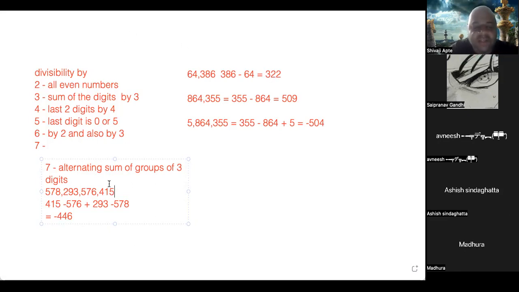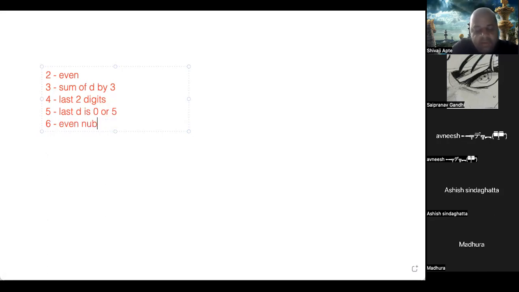So you know now the rules. Let me erase everything. For 2, you know; for 3, sum of digits divisible by 3; for 4, last 2 digits; for 5, last digit is 0 or 5; for 6, even number and sum of digits divisible by 3; for 7, sum of alternating 3-digit groups, right?